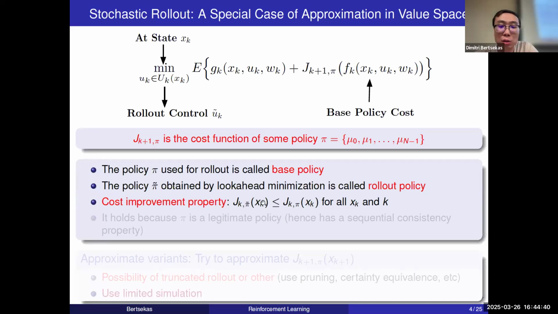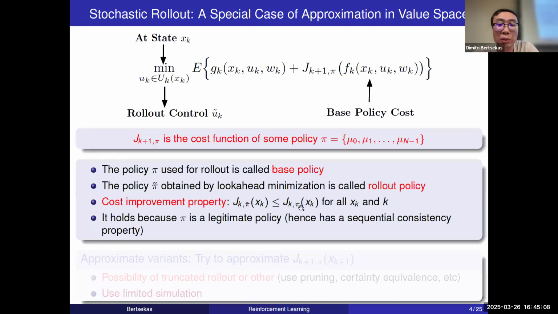And we're going to go through the proof of this shortly. Remember, in the deterministic case we have a similar result, but we impose some conditions like sequential improvement and sequential consistency. But here, I directly claim that the cost improvement property holds.